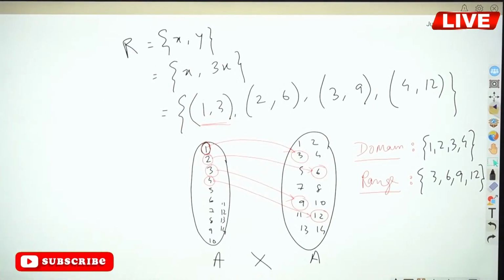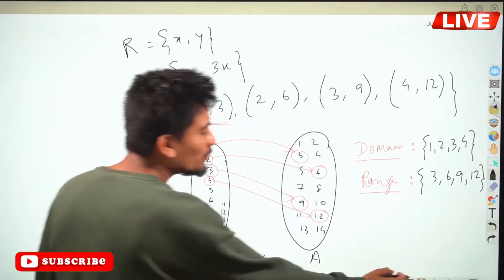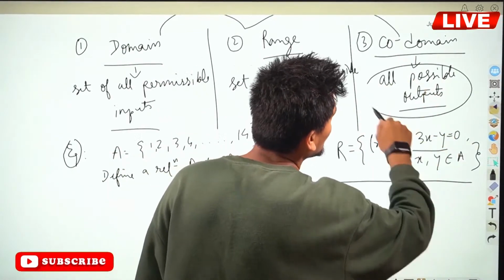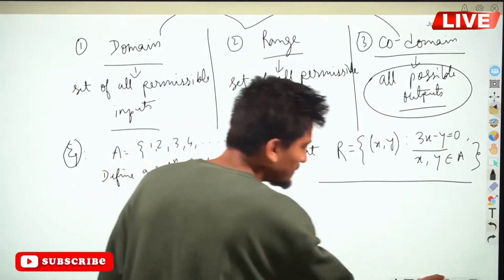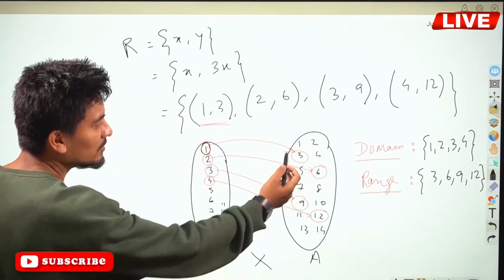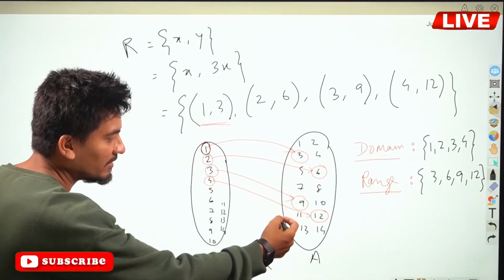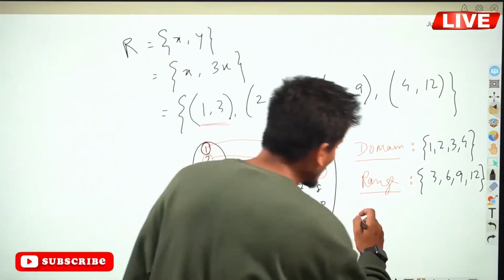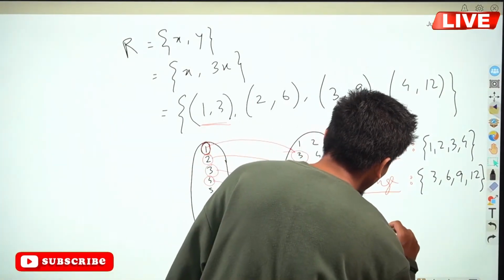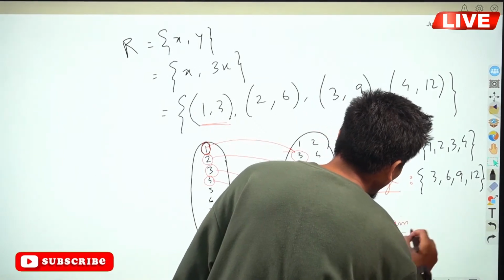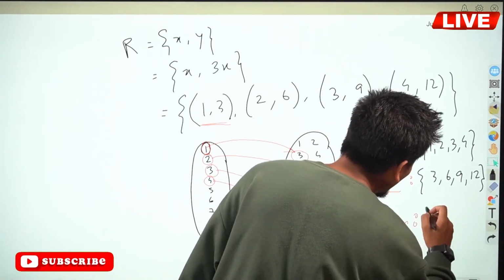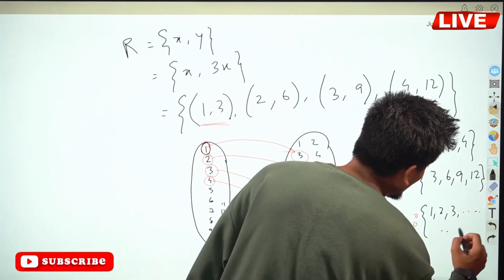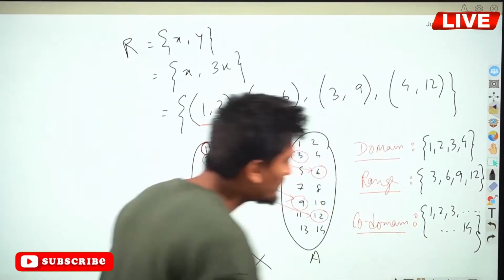Okay, now see what I have written for codomain. Codomain means all the possible outputs. That means, what are the possible outputs? 1, 2, 3, 4, 5, 6, 7, 8, 9, 10, 11, 12, 13 up to 14. So codomain means all the possible outputs. That is 1, 2, 3 up to 14. Okay.